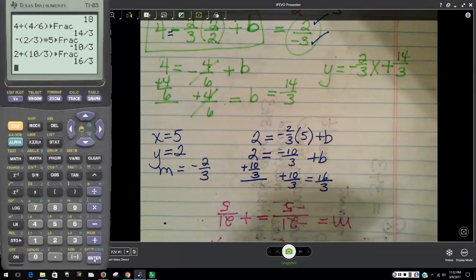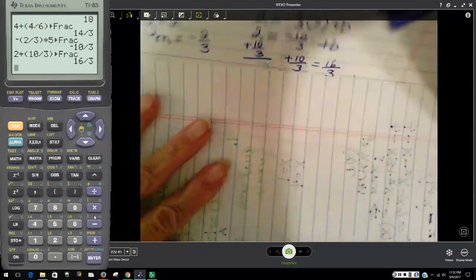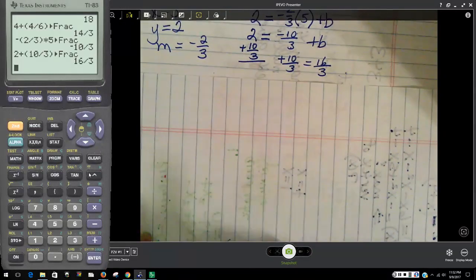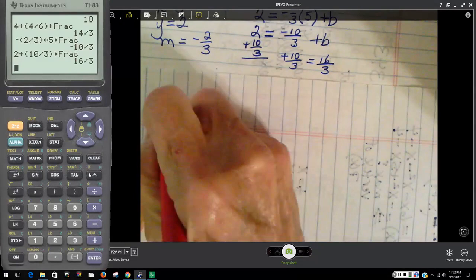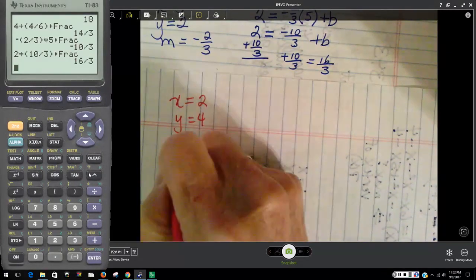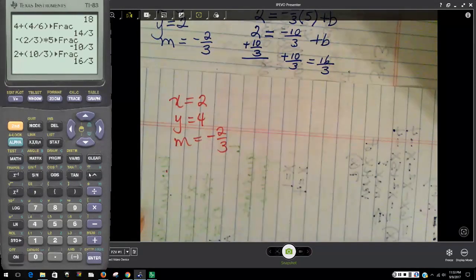So now, without looking at what I did before, I'm going to let x be 2 and y be 4 and the slope be negative 2/3, because this is always the best way to find out where you messed up, is to start over and not look at what you did before.